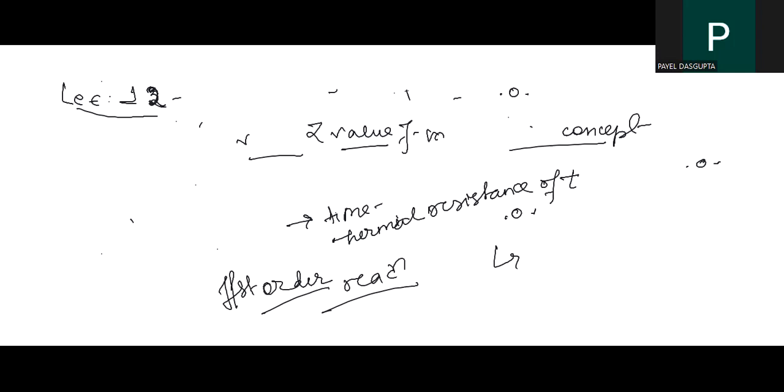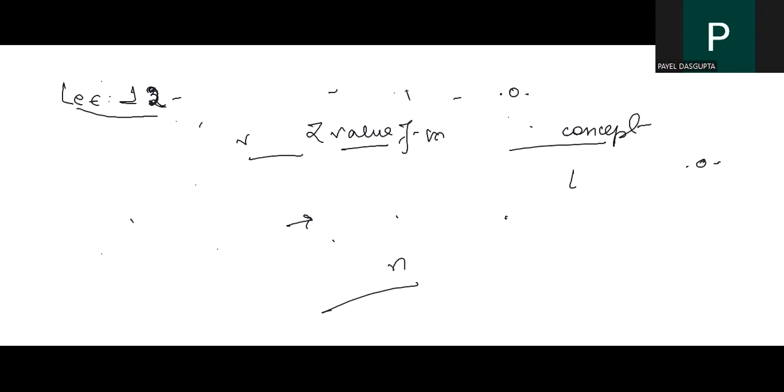The next concept is the D value. What do you mean by the D value? It is the time required to reduce one log cycle. We will be talking about the D value, then Z value, and F value.